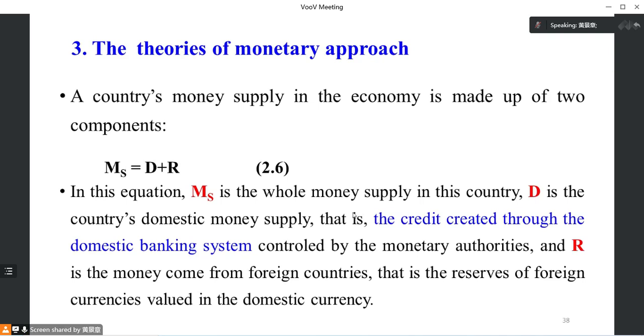Let's see. 3. The theories of the monetary approach. Let's see the contents of the monetary approach. A country's money supply in the economy is made up of two components.